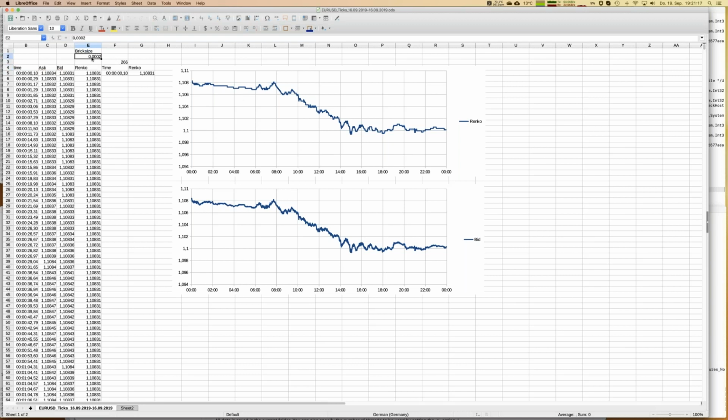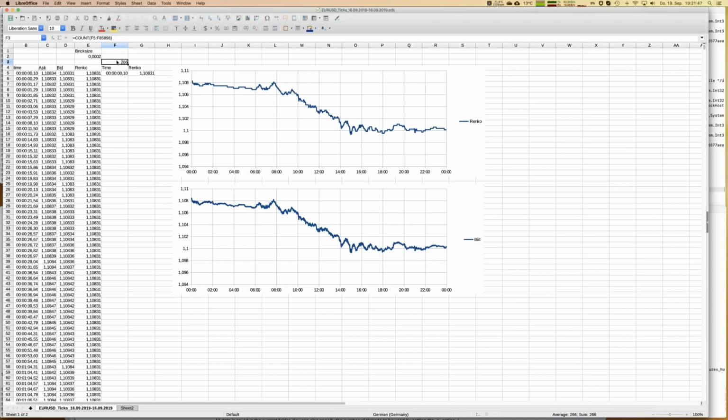And you see here I have a brick size level of 2 bips, and in total I have here a counter. We get for one day, in this case, 266 candles. Hey, that's a quite huge compression as well. This Excel sheet here has close to 90,000 ticks, which is about 1 tick per second roundabout.